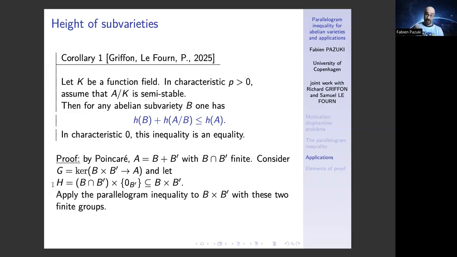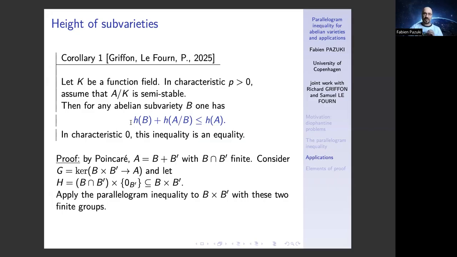You compute G intersected with H, compute G plus H, and then you compute the four heights that are listed in the parallelogram inequality. And guess what? You find this. So, of course, after a little bit of work that is not too hard if you know a bit of Faltings height properties.